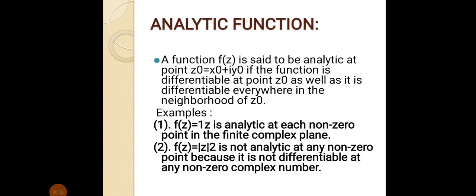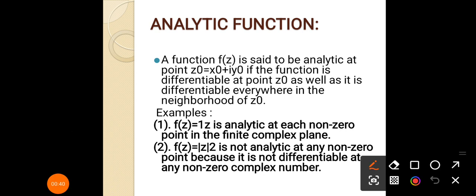A function f of z is said to be analytic at a point z0 = x0 + iy0 if the function is differentiable at point z0 as well as differentiable everywhere in the neighborhood of z0.